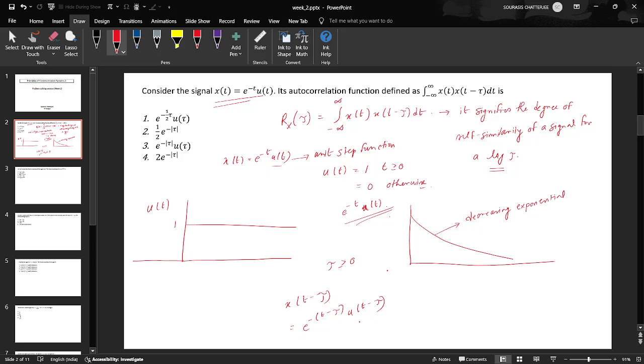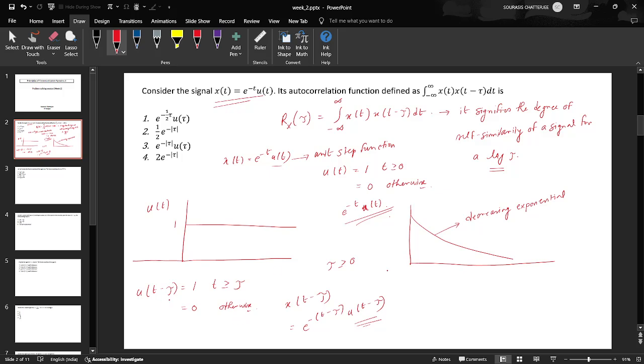Now look at this unit step here. Instead of starting from 0, it will start from tau, right? Because if t is less than tau, let me write it down: u(t minus tau) is equal to 1 for t greater than or equal to tau and 0 otherwise.